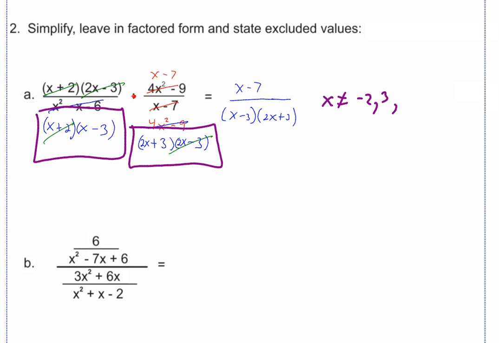The third, move the 3, you get a negative 3, move the 2, negative 3 halves. And the fourth, positive 3 halves are the excluded values. So negative 2, 3, negative 3 halves, 3 halves. Again, you're just setting each binomial equal to 0 or each term equal to 0 and solving.